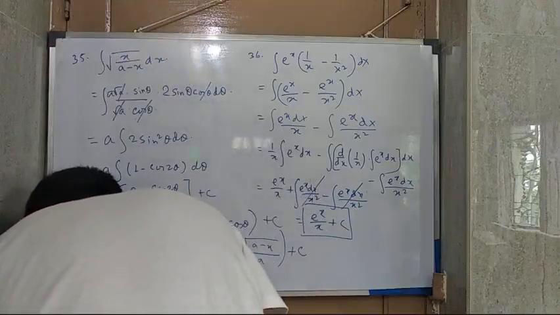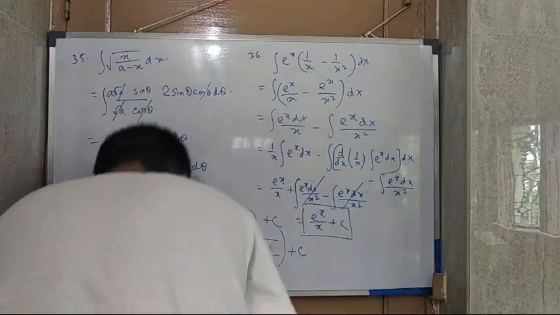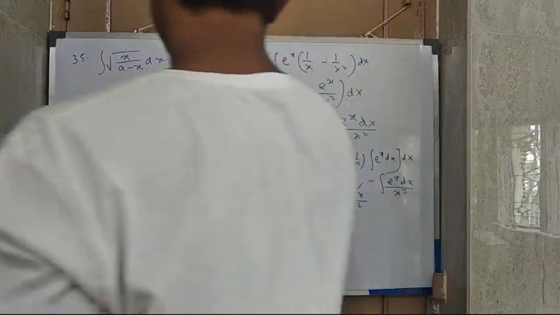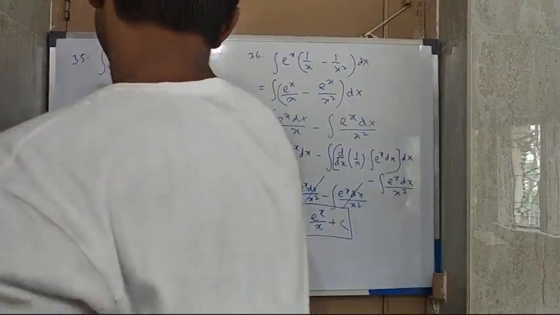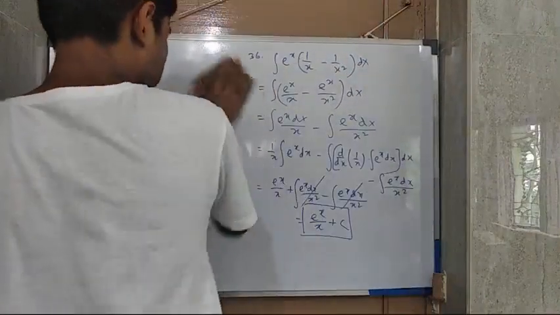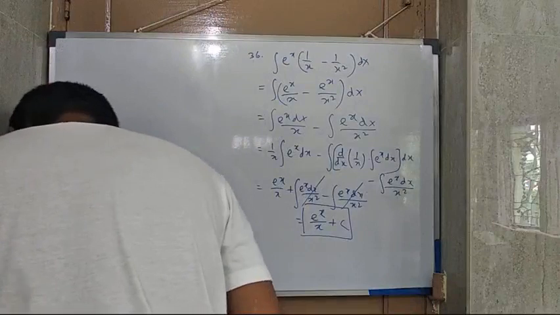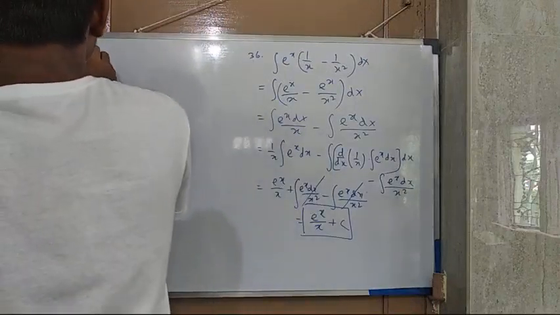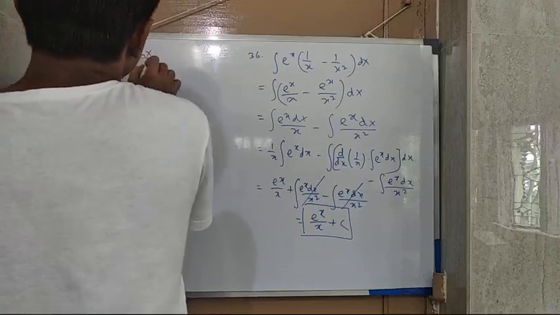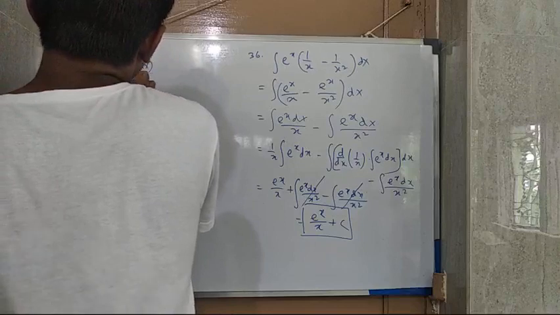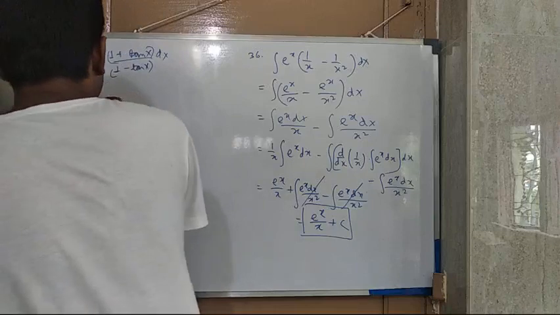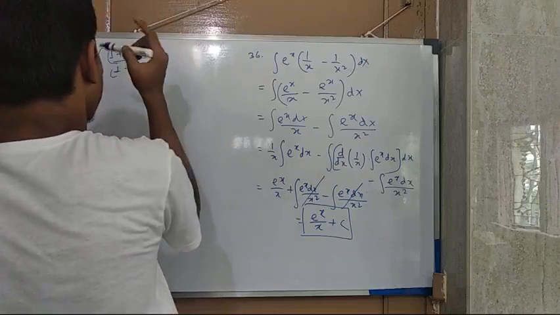Now let's proceed to the 37th question, which is integral of 1 plus tan x divided by 1 minus tan x dx. For this question I am going to just split the tan into sine by cos.